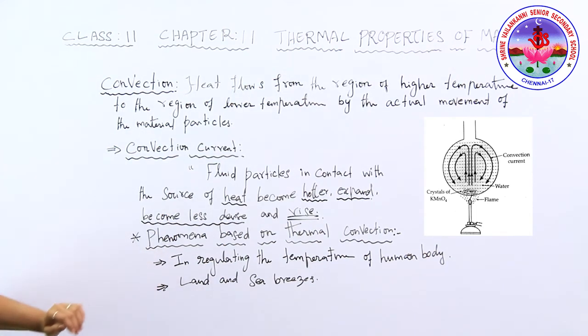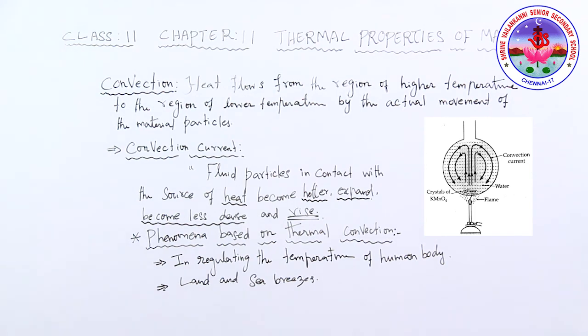Next one, you are seeing the land and sea breeze, as we have studied in the lower classes. So these are local convectional currents. The specific heat of water is higher than that of soil. So the land and hence the air above it is heated faster in summer during the daytime than the air above the sea.